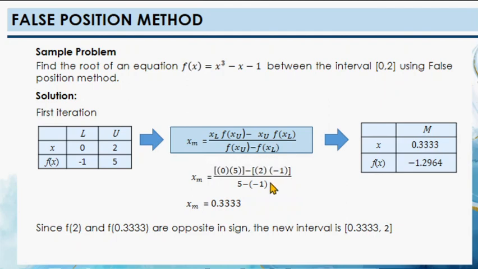So, we have x sub m is equal to x sub L, which is 0, times f of x sub u, which is 5, minus yung ating x sub u, which is 2, multiplied by f of x sub L, which is negative 1, divided by ating difference ng f of x sub u and f of x sub L, which is yung f of x sub u natin, that is 5.